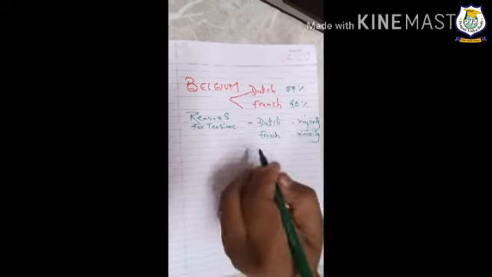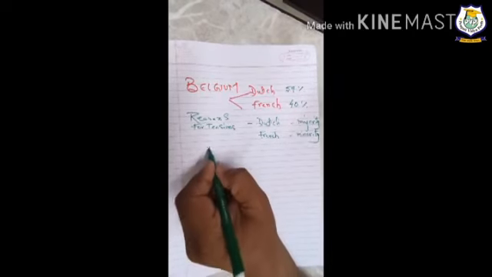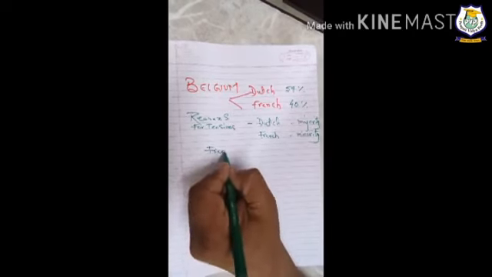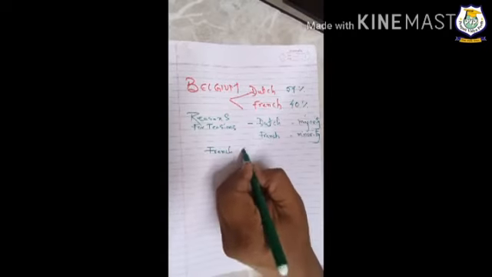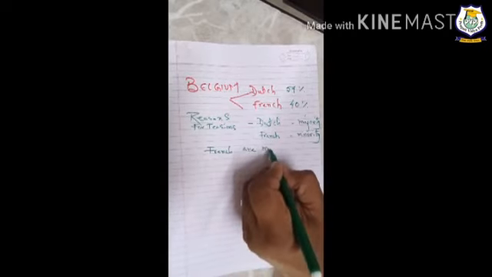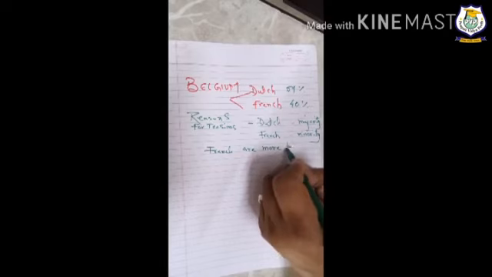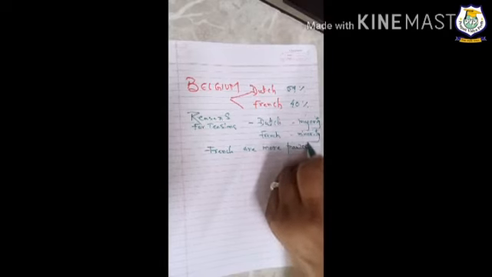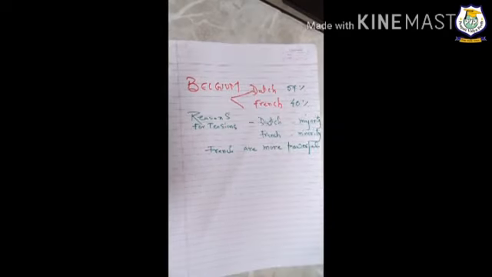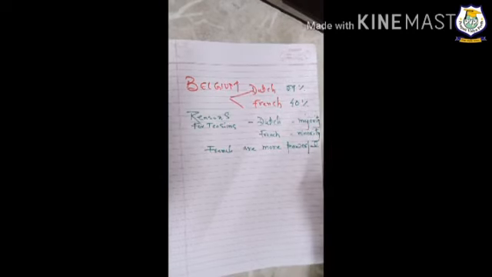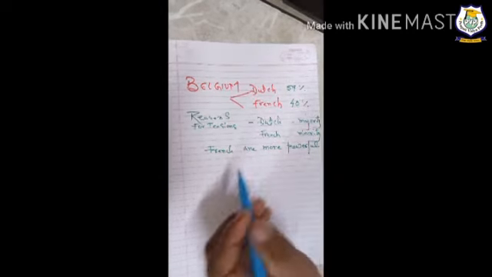But French, even being a minority, are more powerful. Whether economically, socially or politically, French are more powerful than the Dutch people.